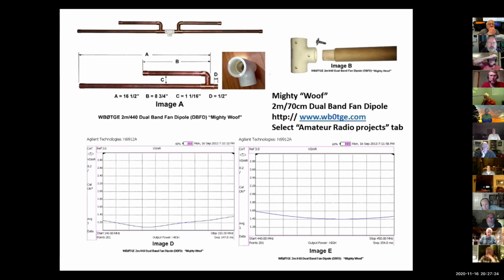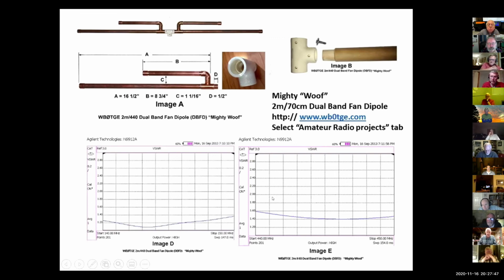And if you take a look at the SWR graphs there on the bottom, which Bob ran through an analyzer that he has, across the entire band for both bands, you have the SWR that's less than 1.4, I think, to 1 on the 2 meter side and 1.6 to 1 on the 440 side.